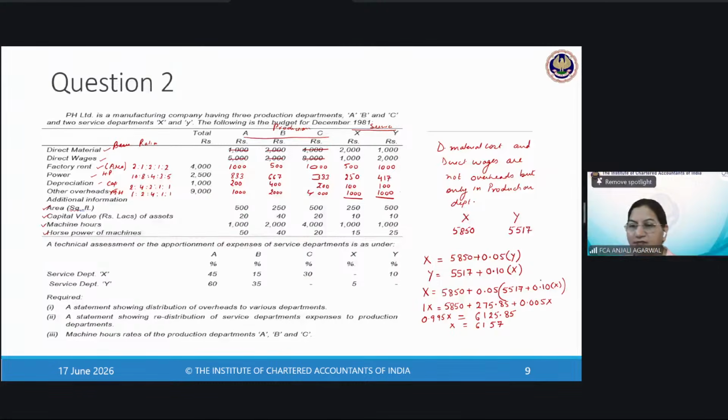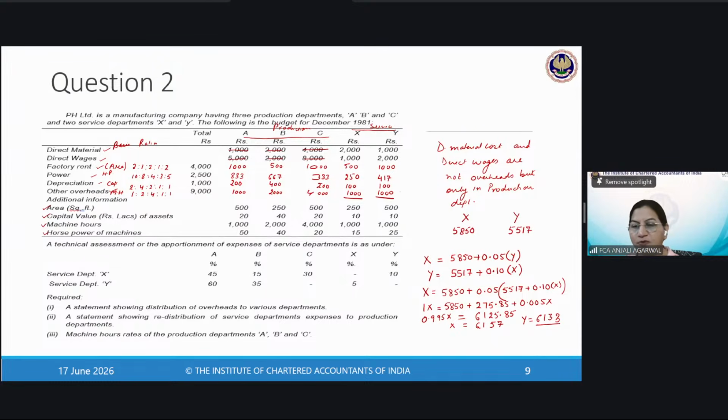So 5515 plus 615.66, the value of Y is 6132. Again, this can be taken as 6133 rounded off.